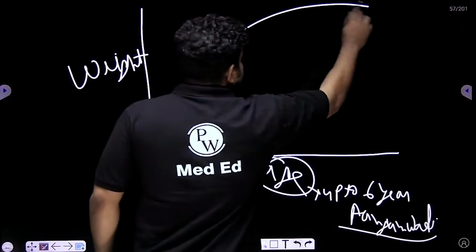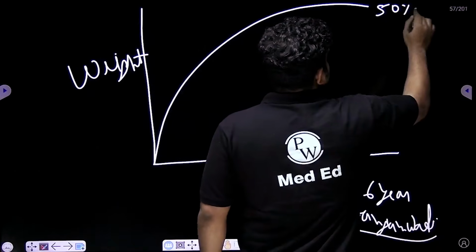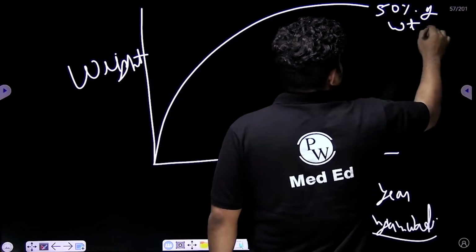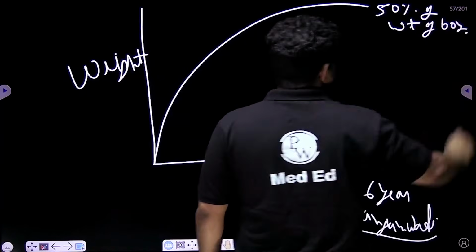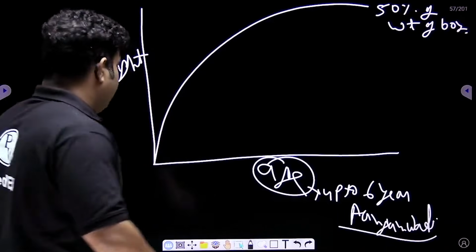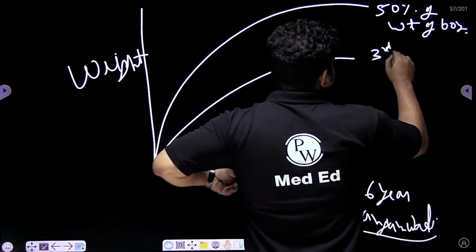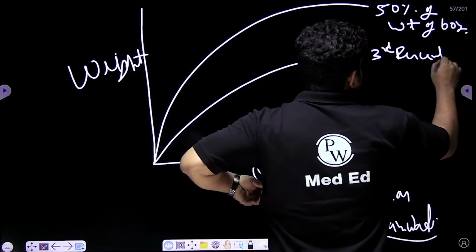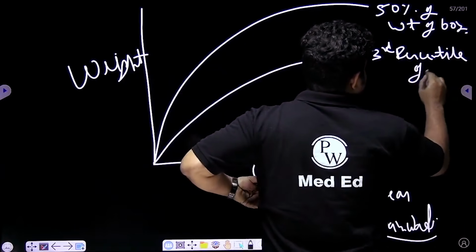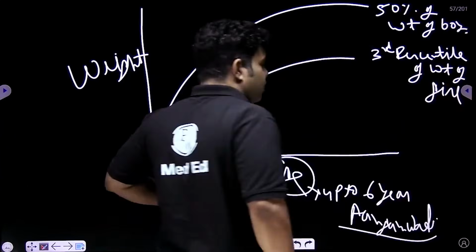And if it is the uppermost line, 50 percentile of weight of boy we write here. Because boy weight is bigger, so we put the upper criteria for boy. Second line is third percentile of weight of girl. Because weight of girl is less, so we put lower criteria as weight of girl.